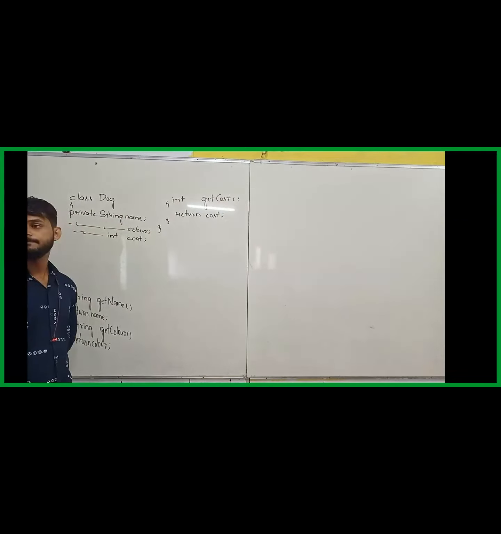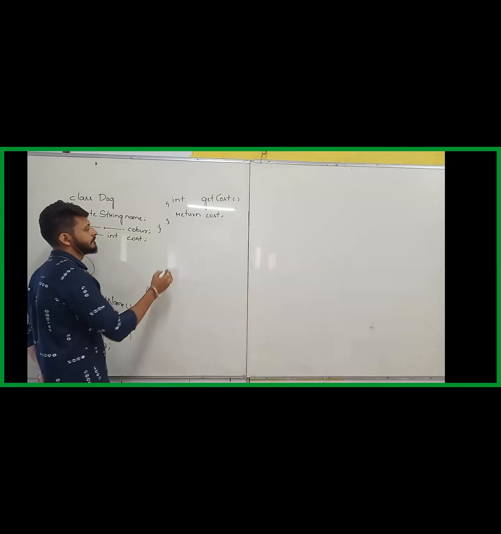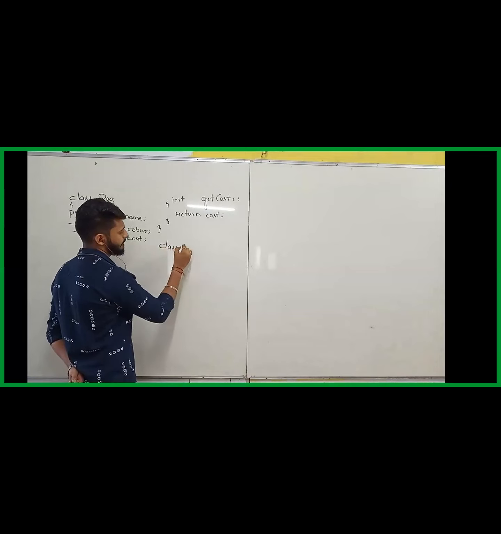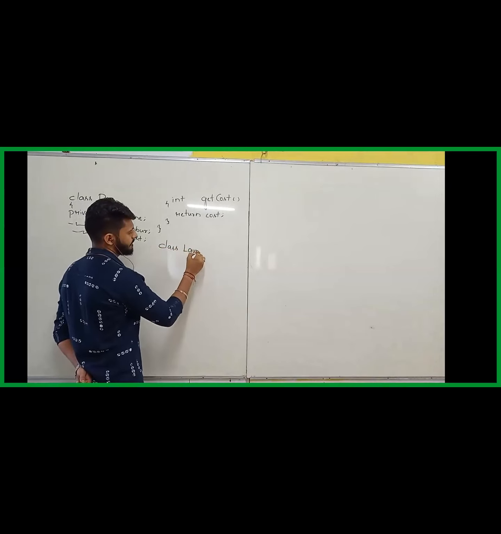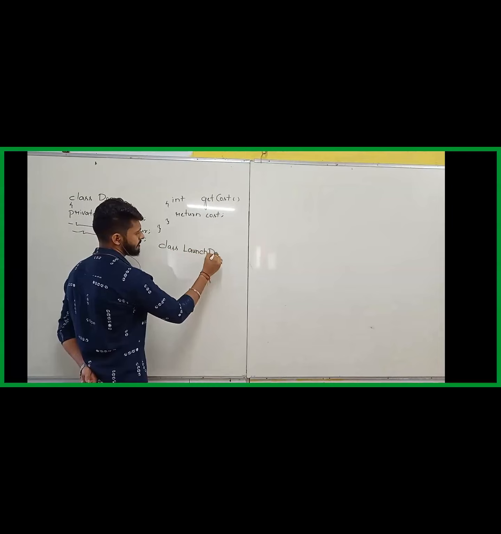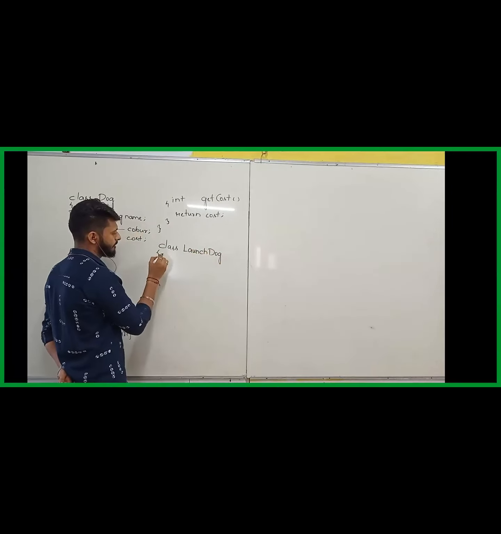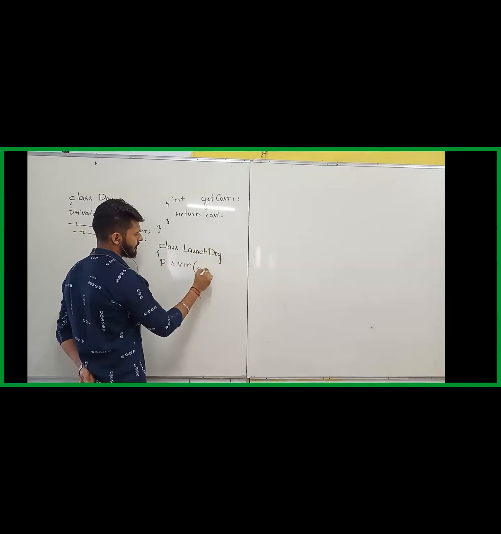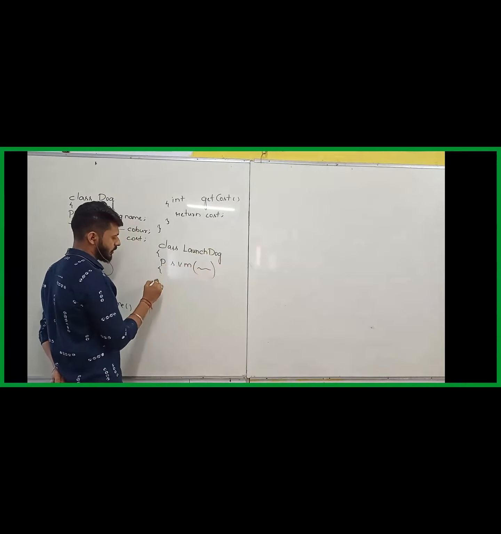Next what? Class launch dog, public static void main. Inside this, what I have written?